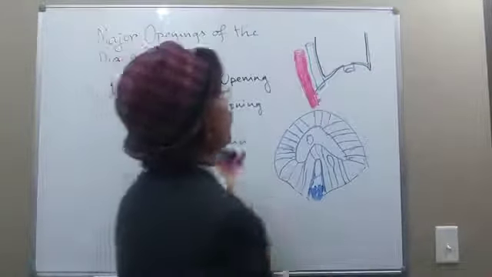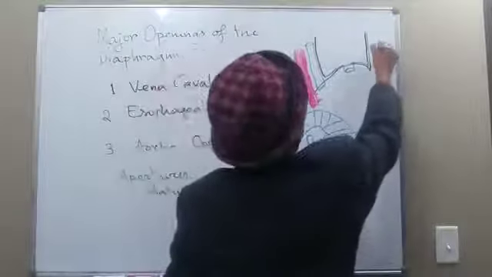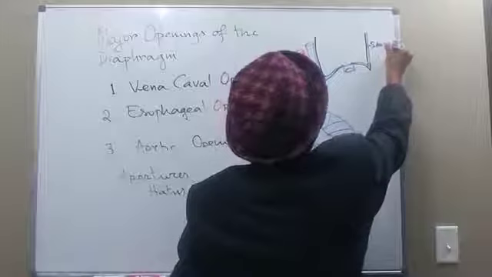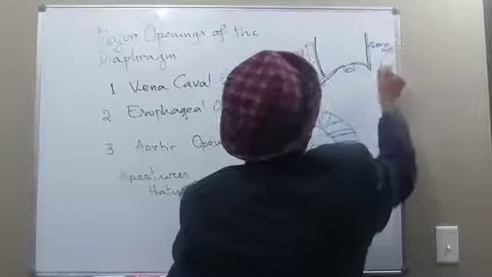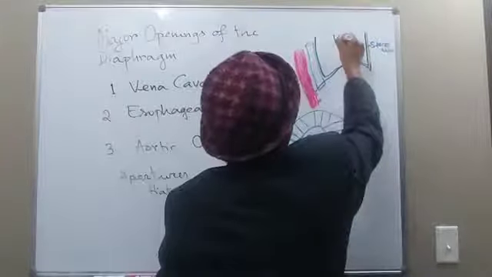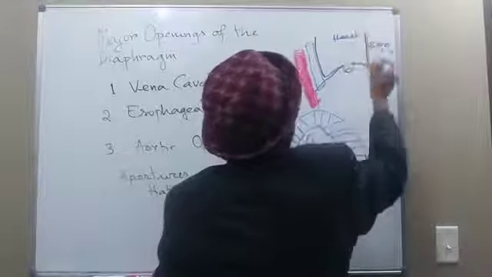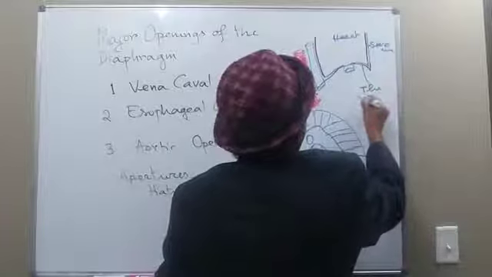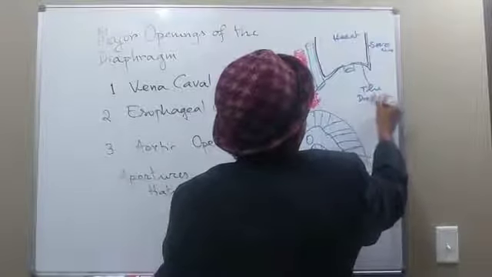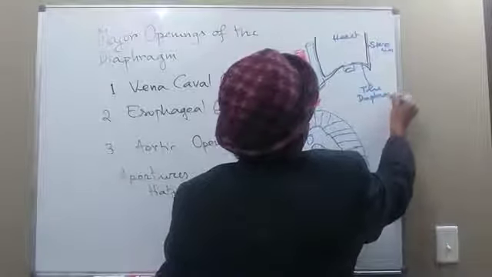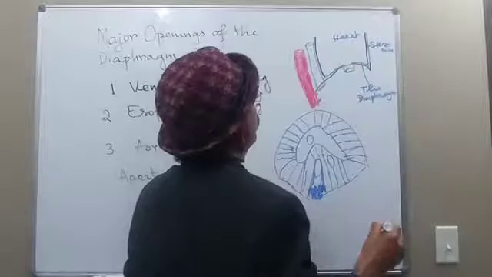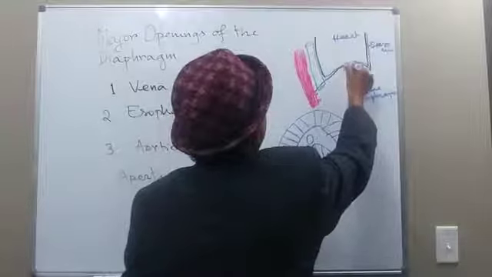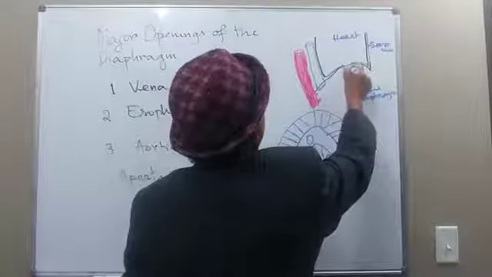So this is the sternum. This is the heart. The diaphragm is here. So this is the inferior vena cava, and this is the vena caval opening of the diaphragm.